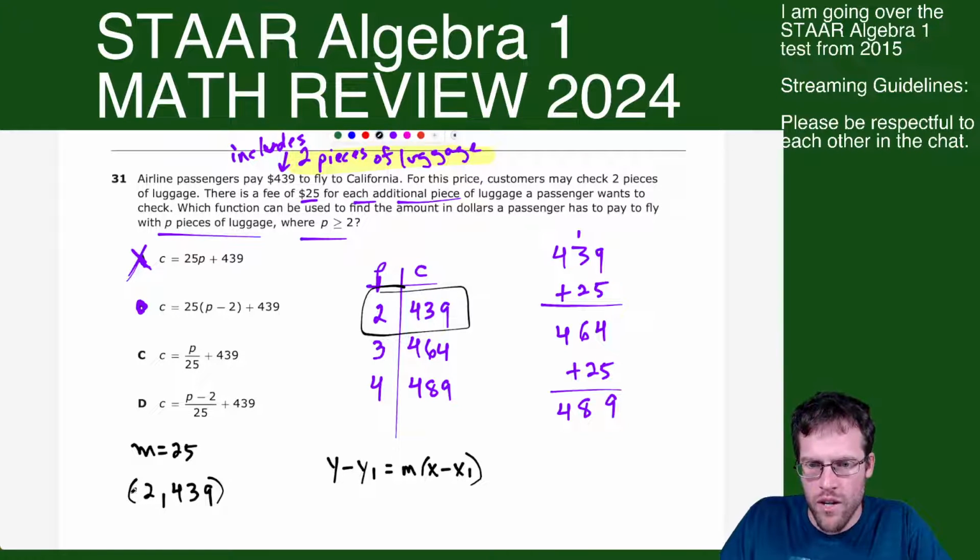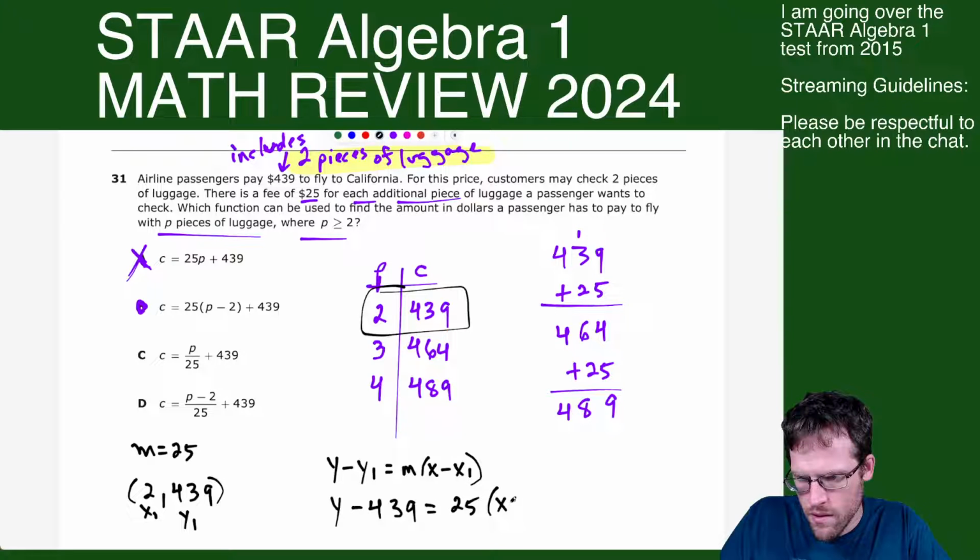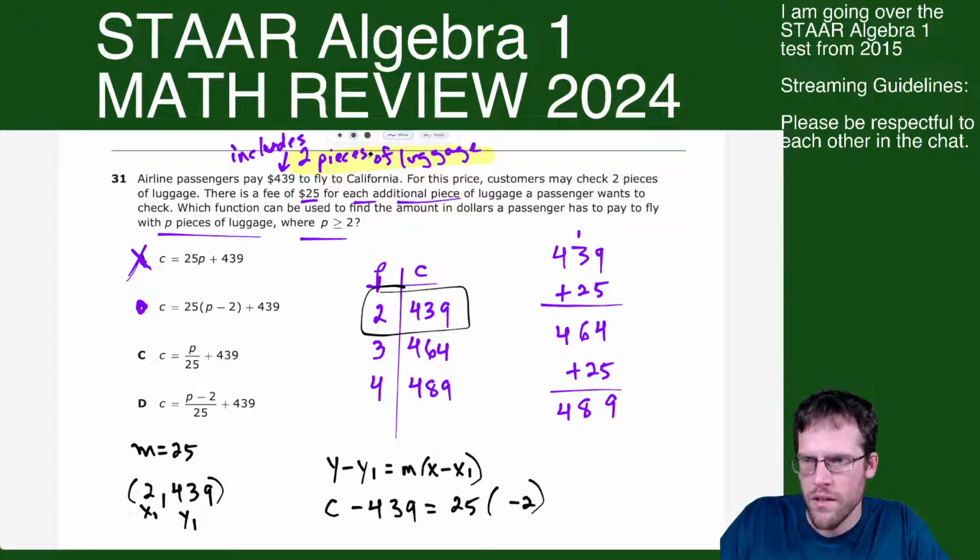So when I write the equation of the line using the x1, y1, and slope values to plug in, I'm going to get y minus 439 equals my slope 25 times x minus 2. The only thing different here is I would just switch the letters. Instead of y, we're going to use c, and instead of x, we're going to use the letter p.